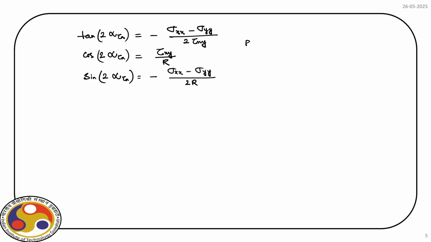Expression of r is square root of sigma xx minus sigma yy by 2 whole square plus tau xy square. Okay. Now, we have the expression for cosine and sine.